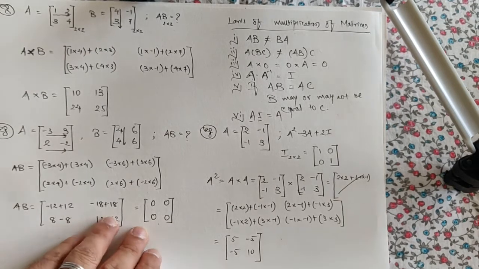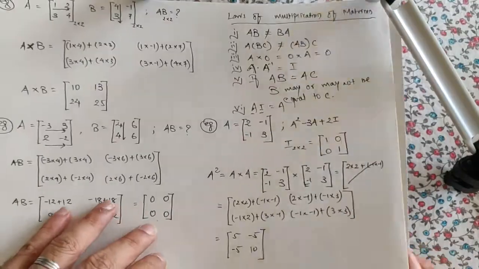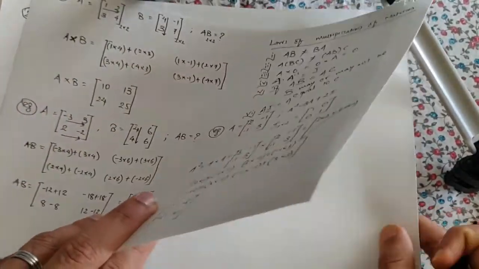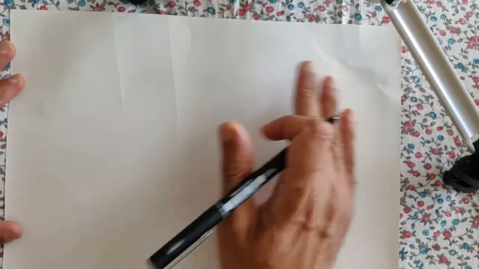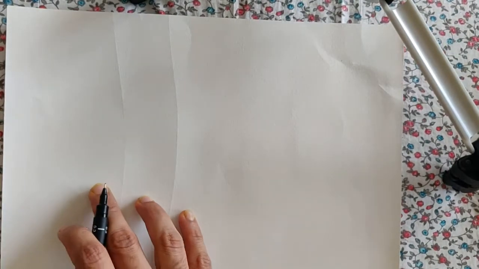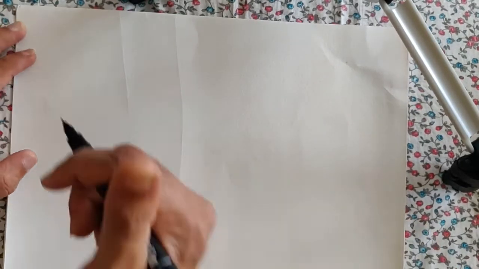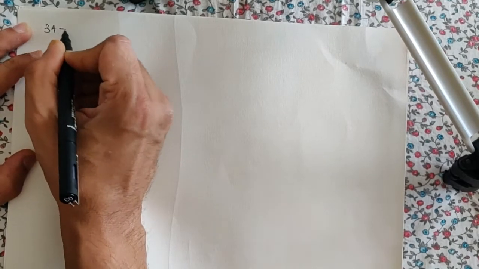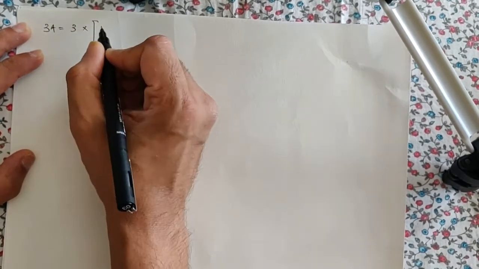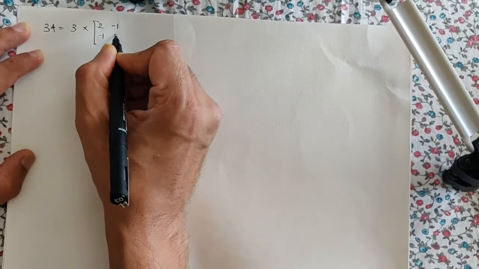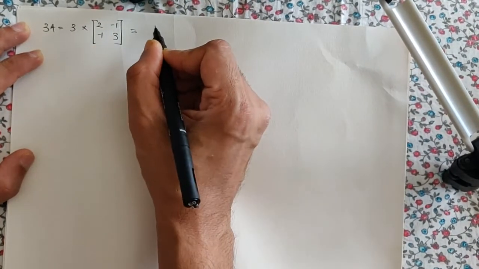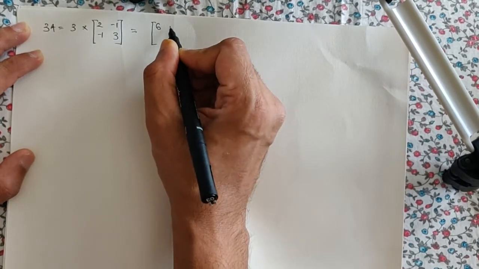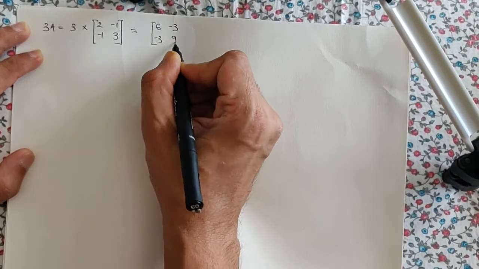Now we have to find the value of 3A. So 3A is 3 multiplied by the matrix A, that is 2 minus 1 minus 1 3, which is 3 into 2, 6, minus 3, minus 3, 9.